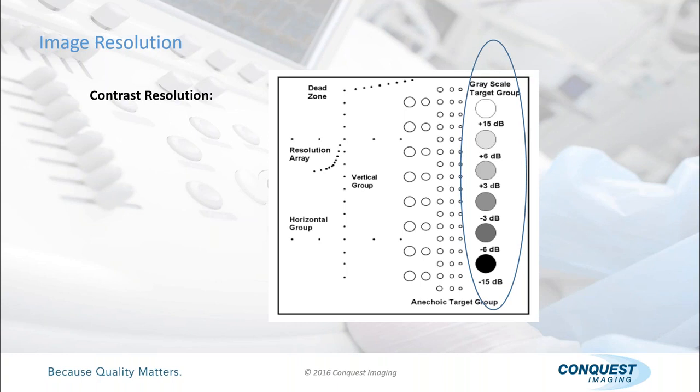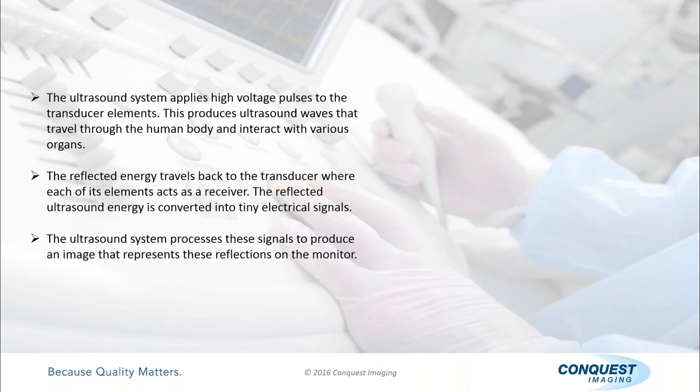But the circle surrounds different density materials, different objects that are significantly different densities, and it starts off at the white one, which is the highly dense material, and the dark one at the bottom, the minus 15 decibels, is your least dense material. And this is important for us to be able to look at these and differentiate the fact that they're different.